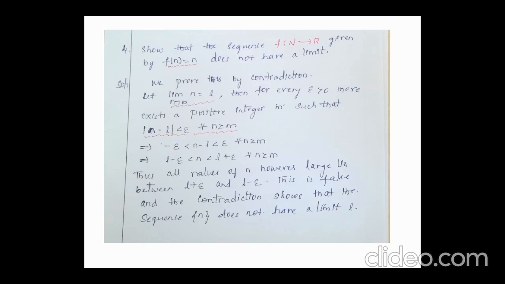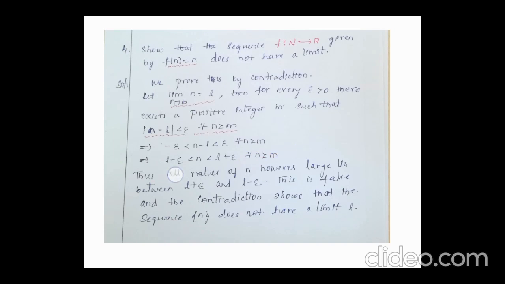So when we remove the modulus, we get minus epsilon is less than n minus L, which is less than epsilon, for all n greater than or equal to m. Now we will add L throughout this inequality. So we get L minus epsilon is less than n, which is less than L plus epsilon, for all n greater than or equal to m.